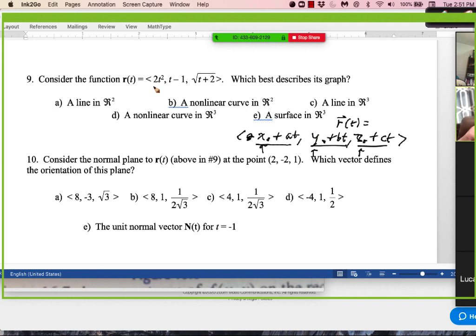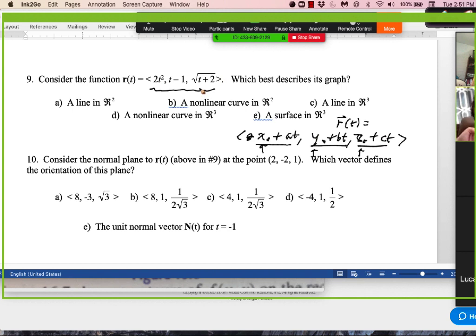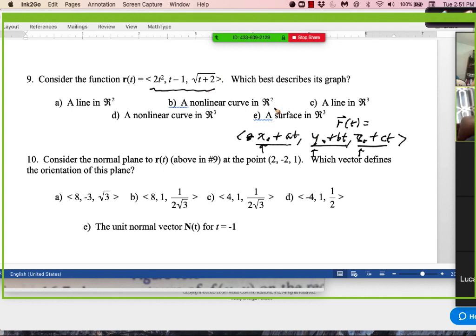So would this be a line? It's not a line because I got a t squared, I got a square root. We know in R2 those kinds of functions give curves, right? So we're talking about a curve in R3. So a nonlinear curve in R3 is what you get for this.